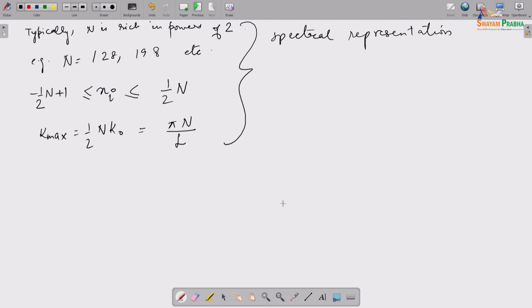This is spectral representation of the velocity, and this is actually similar to representing the velocity in physical space, on an N cubed grid spacing. So this is similar to representing in physical space.